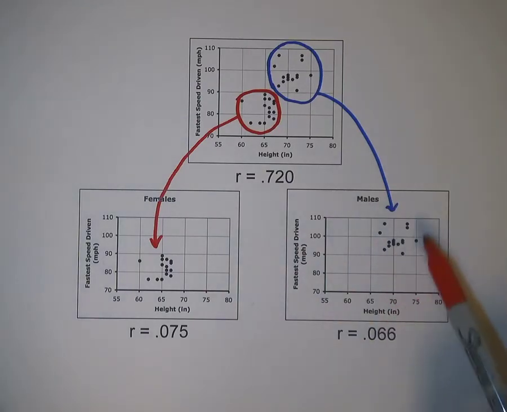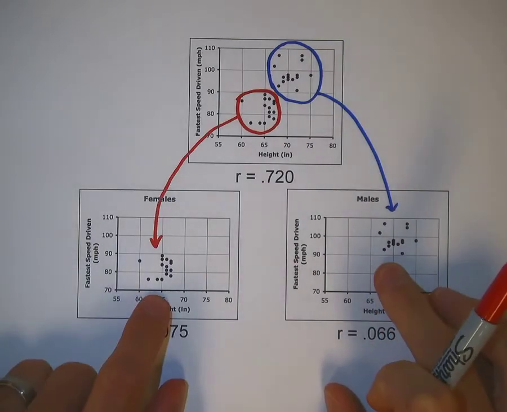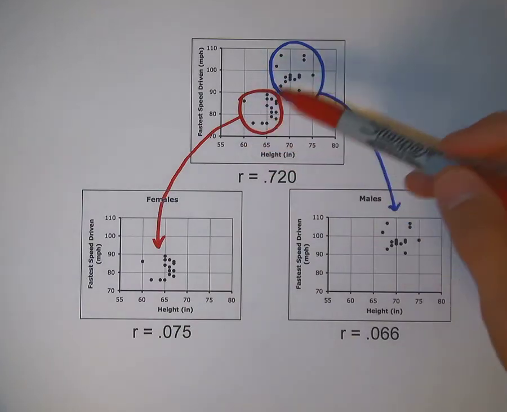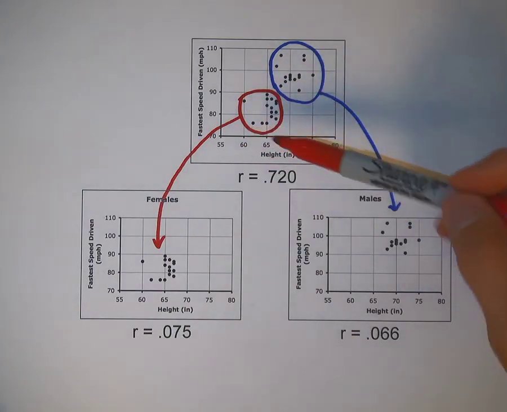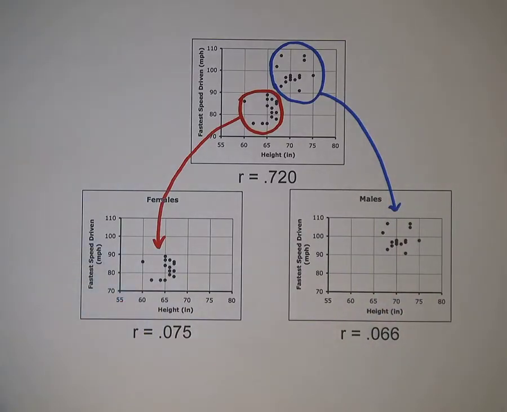So we can see that males were willing to drive a lot faster. When we grouped these two populations together, it appeared that there was a positive association because of similarities within the two groups. But if we look at them separately, we can see that there's really no association between height and fastest speed driven within each population.